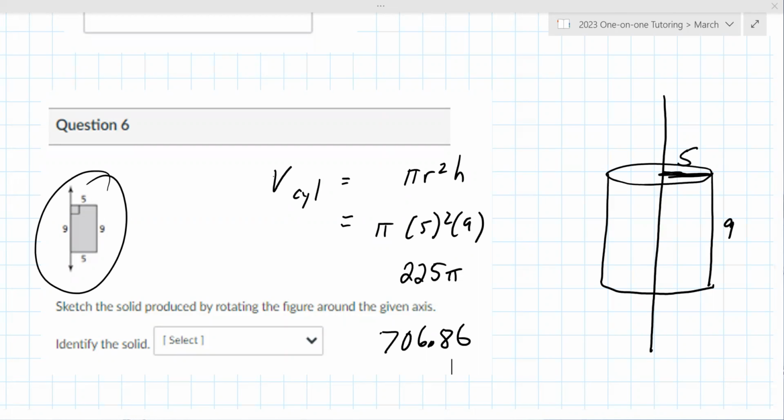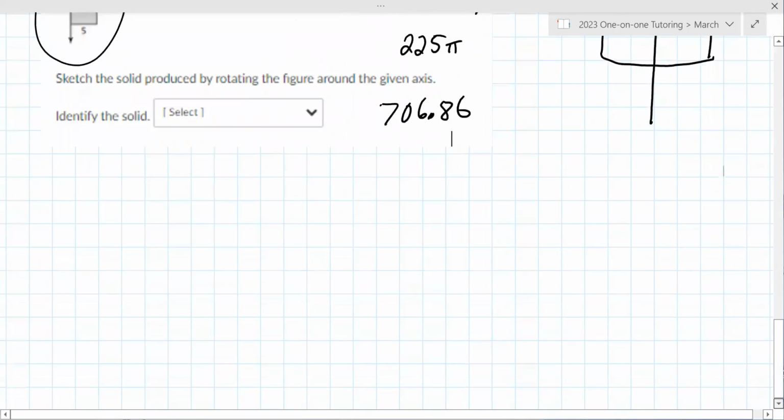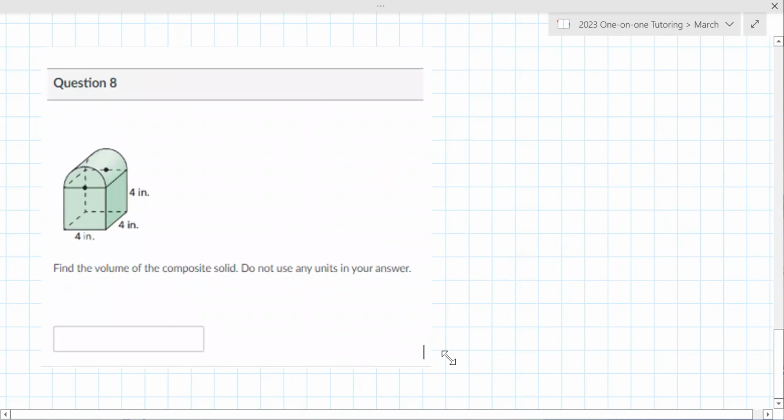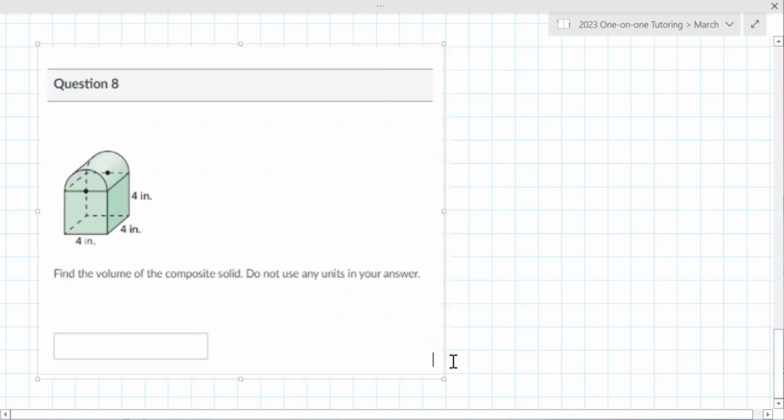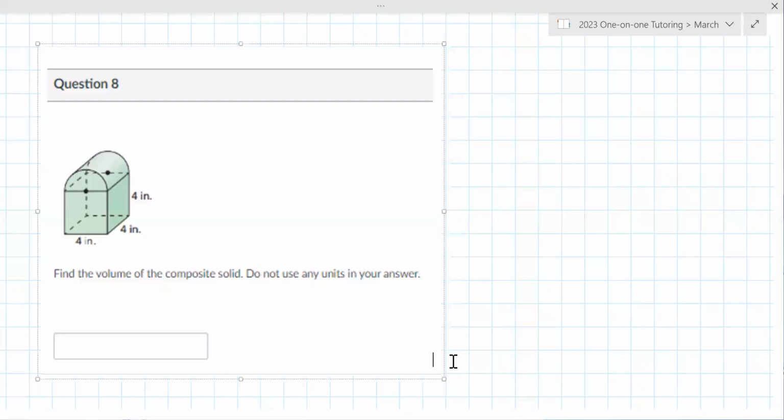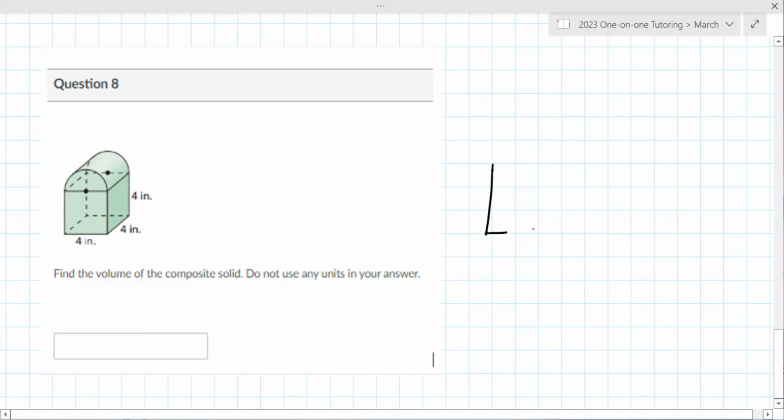All right, so number 8 looks like it's next. Yeah. Okay. Find the volume of the composite solid. So it's saying there's 2 solids here. Find the volume of one, then the volume of the other. The one on the bottom here is the cube.